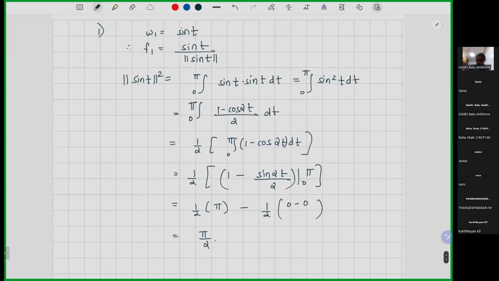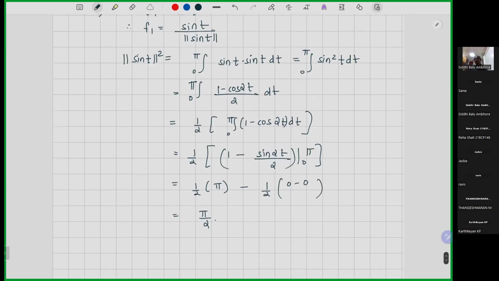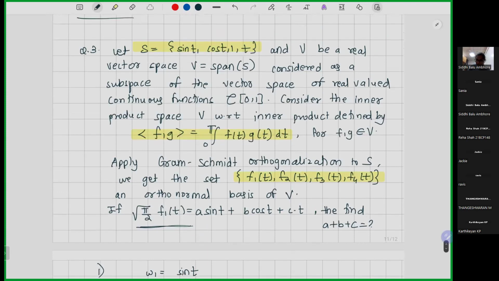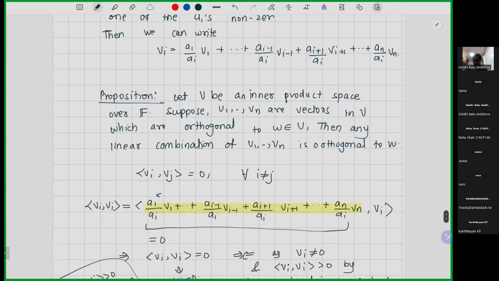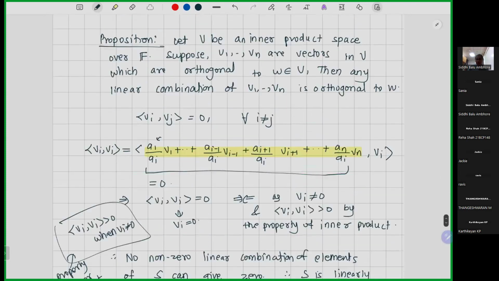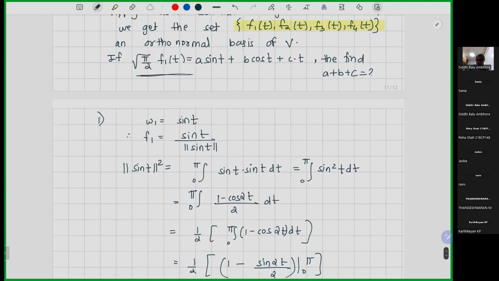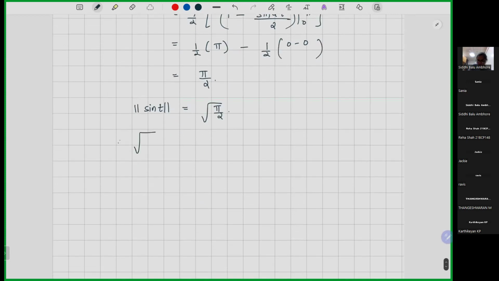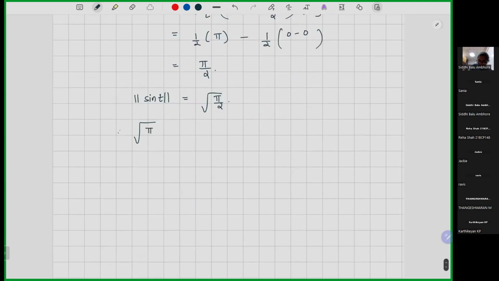Okay, so once I have this, and since it is an orthonormal basis, using the statement which we just proved, f1 of t becomes sine t divided by the norm of sine t, which is the square root of pi by 2.